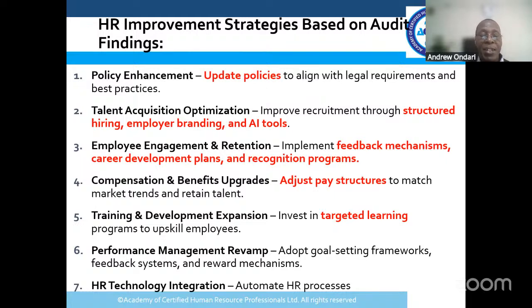I guess 365 relates to the days of the year, and therefore it serves you 365 days a year, non-stop. So automating processes like recruitment, training, performance management will go a long way in achieving three key things. One, reducing time taken. Two, reducing costs. And three, improving overall organizational performance.